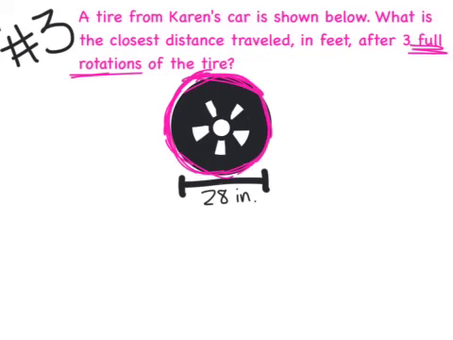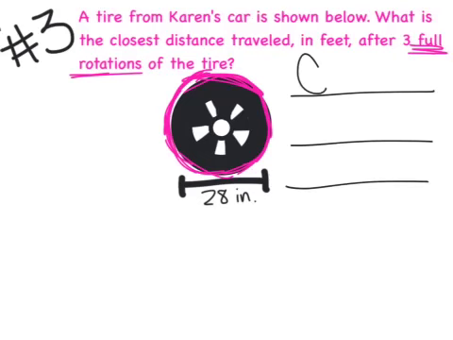So I'm going to come over here, and I'm going to set up my 3-step method, and I'm going to use circumference. But remember, there's actually 2 formulas for circumference. Now, since it's talking about all the way across for 28 inches, I'm going to use the one with the diameter in it.